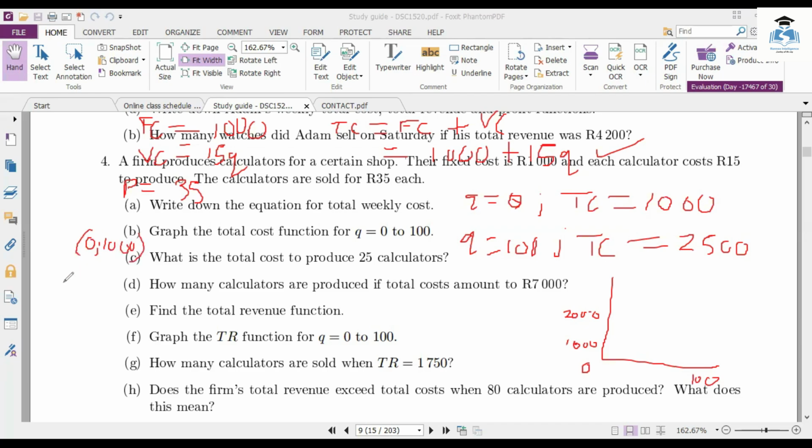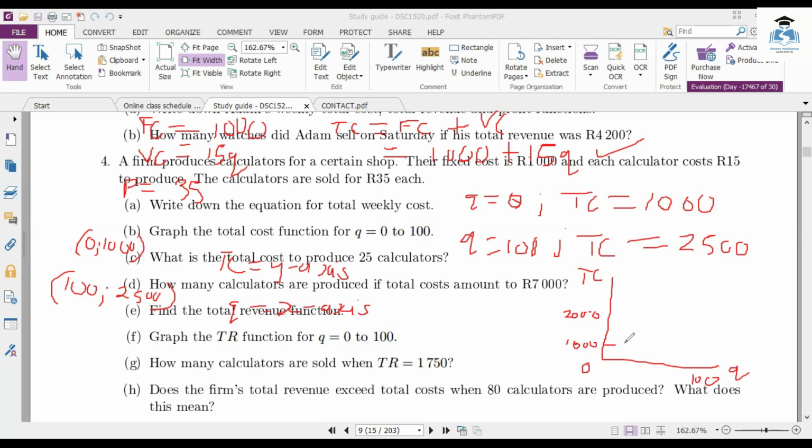The other coordinate is (100, 2,500). The TC represents the y-axis, so TC is equal to the y-axis. Then Q is equal to the x-axis. So here that's TC and here that's Q.